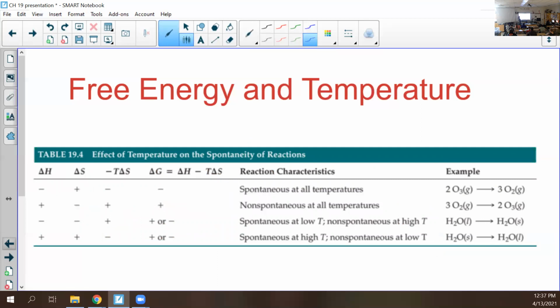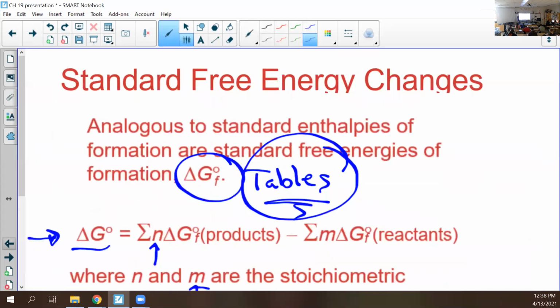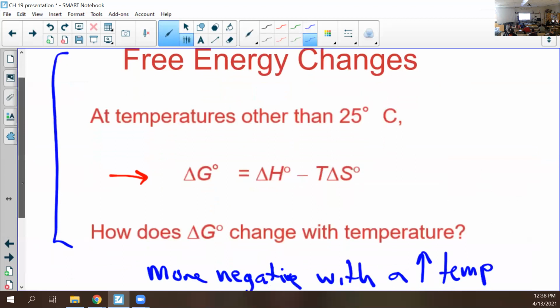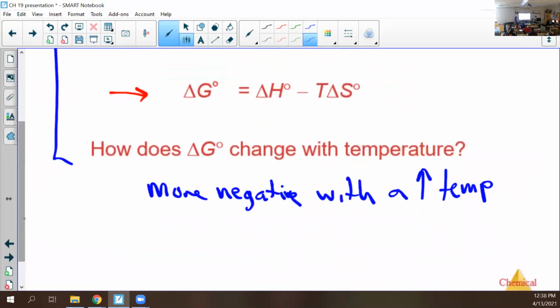So here's what we have. This table really should be one you write out a few times and write over and over to practice it. The effect of temperature on the spontaneity of reactions. I'll come back to this slide in a second. But we wrote this sentence a minute ago, and I didn't put a period because it's only half true. Look at this piece right here. Ignore all of this.